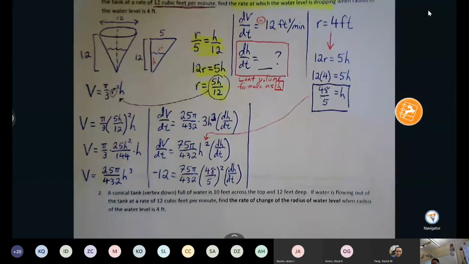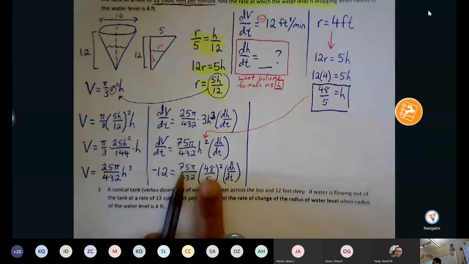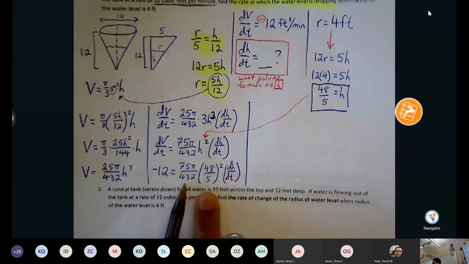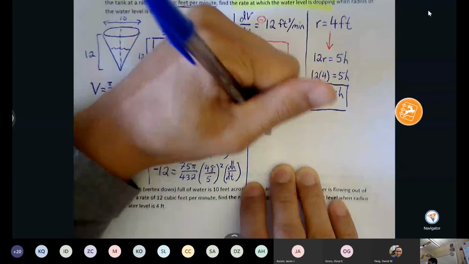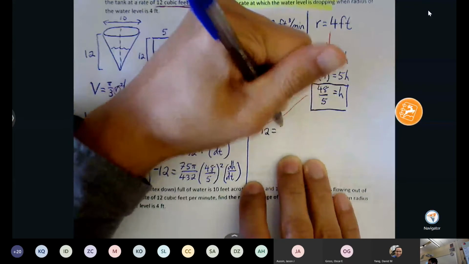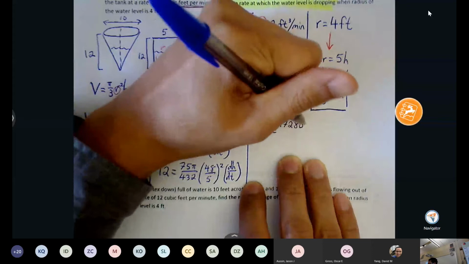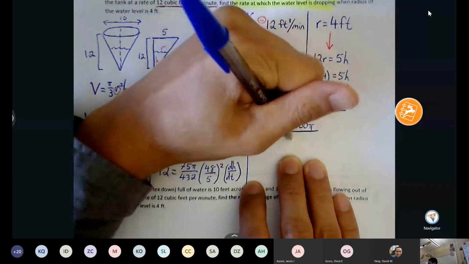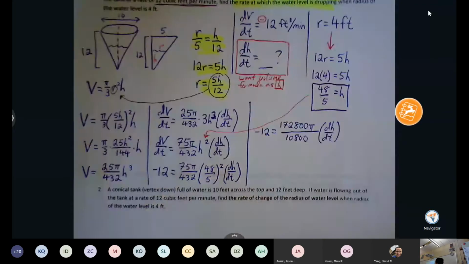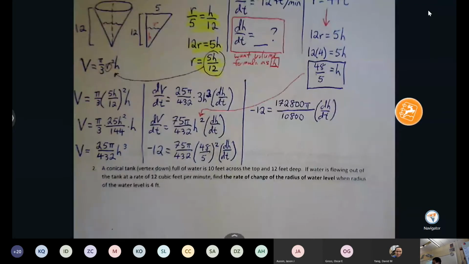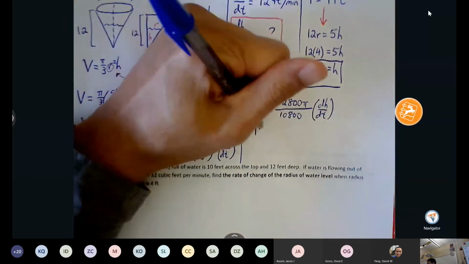Don't put pi in the calculator, otherwise you're going to lose that exact value. 75 times 48 squared, 432 times 5 squared. Okay, so it's a messy fraction, but it actually cleans up nicely.